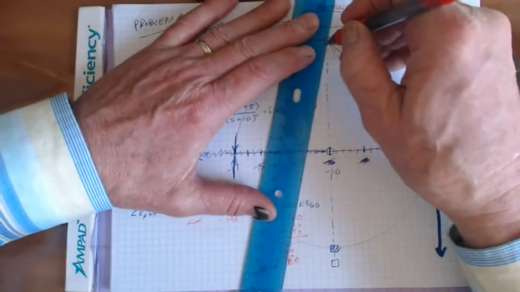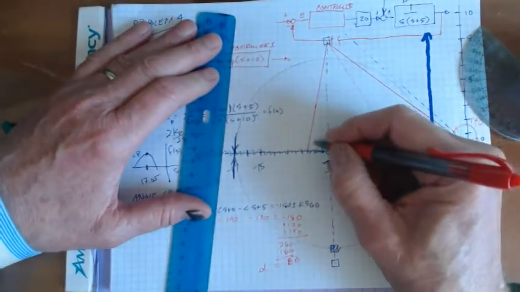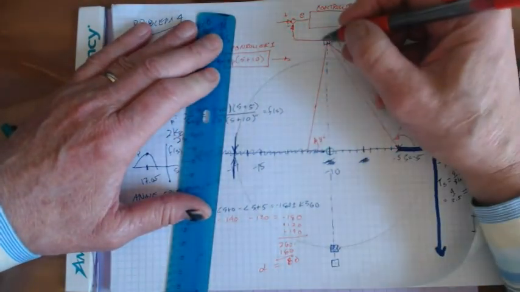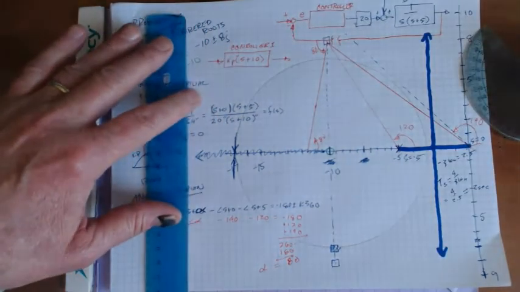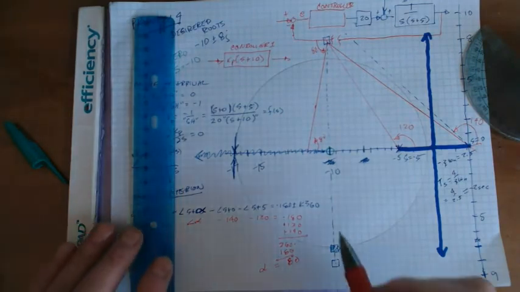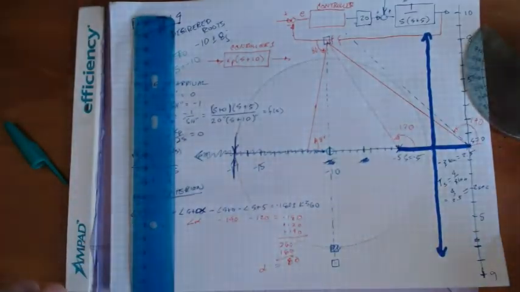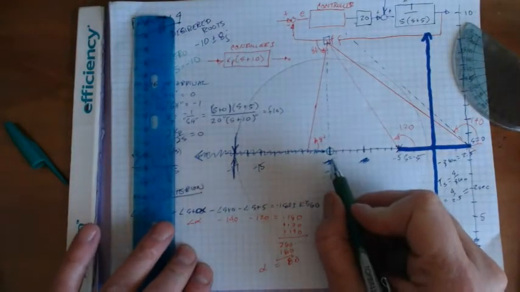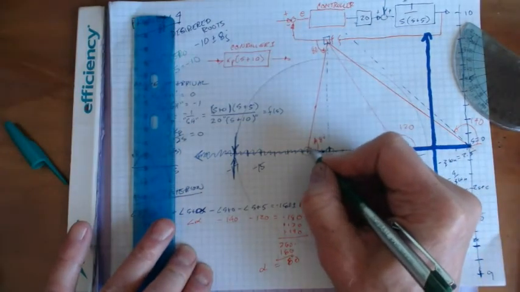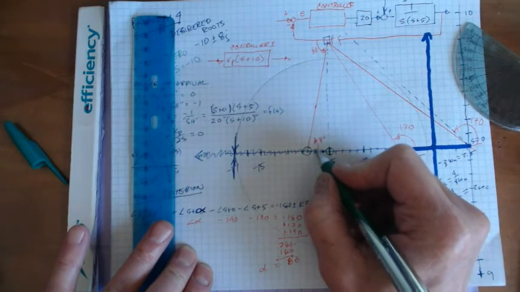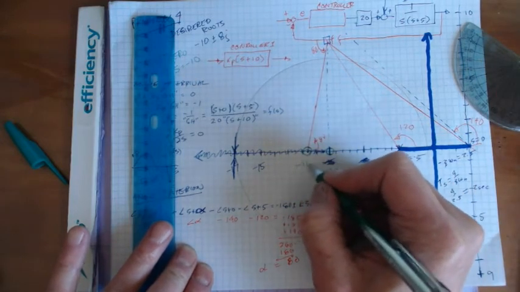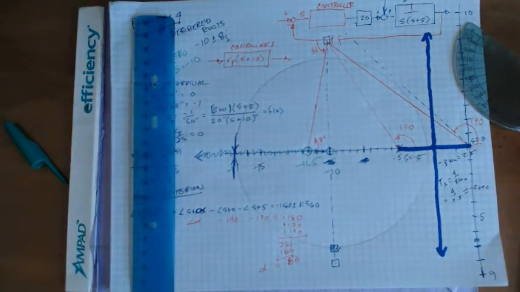Because if this is 80 degrees, then this is 80 degrees, right? So I can just draw it right there. And what this tells me is that where I really need my 0 is not here at 10. Where I really need my 0 is right here, at 11.5. That's where I need my 0.